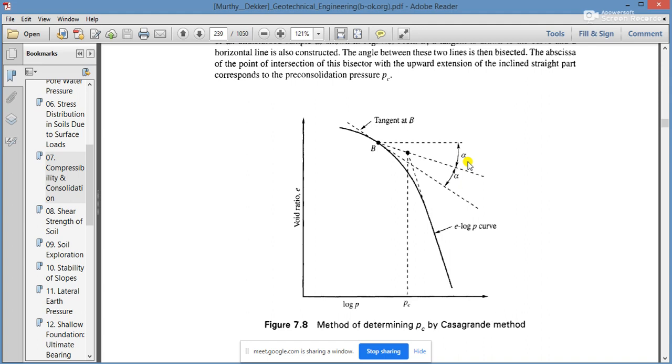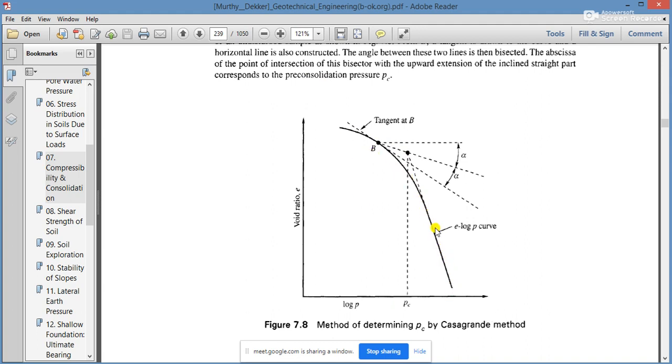The straight portion of the virgin curve is extended back to meet the bisector. This is the straight portion of our actual curve, which we have got from our laboratory test, E versus log P. This is the actual curve, and this portion is the straight portion.